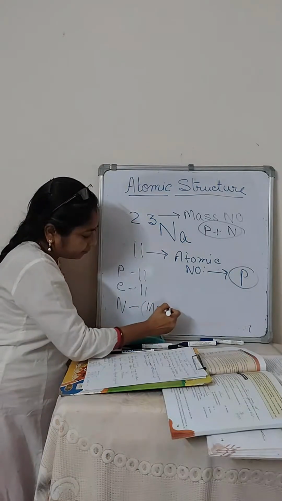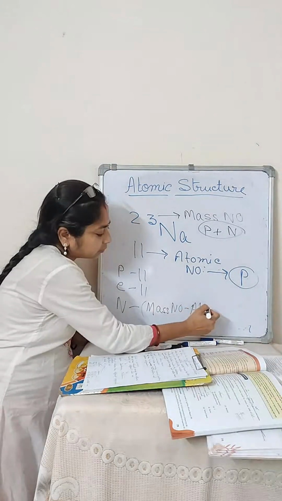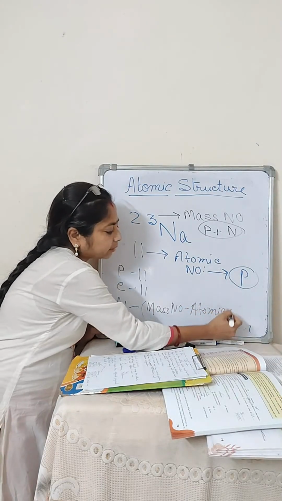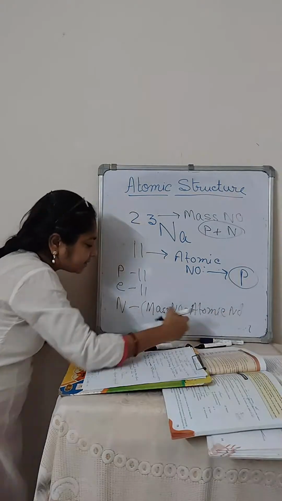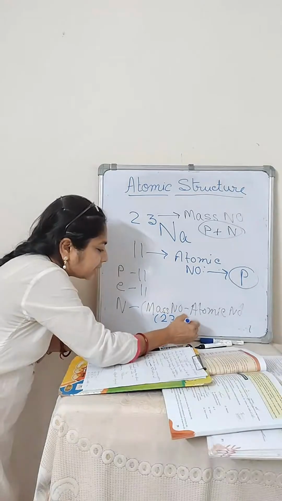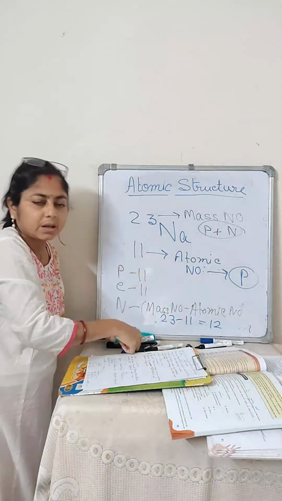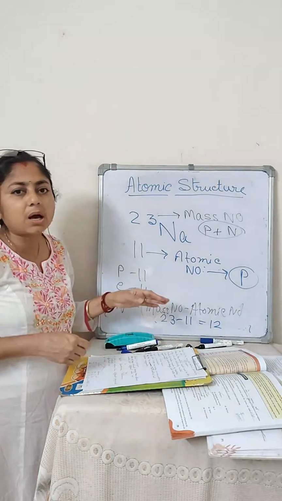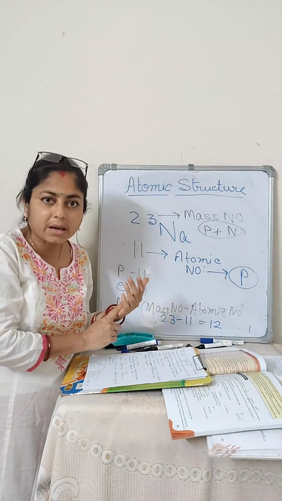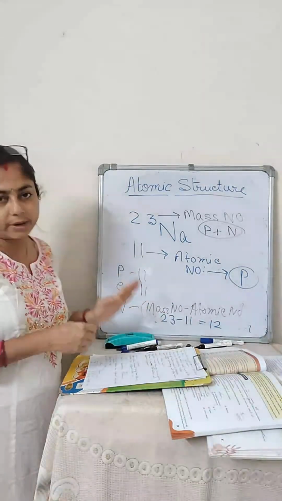Mass number is 23. 23 minus 11 is 12. Clear? In this way, if you know the atomic number and the mass number, you can calculate the electron, proton and neutron.